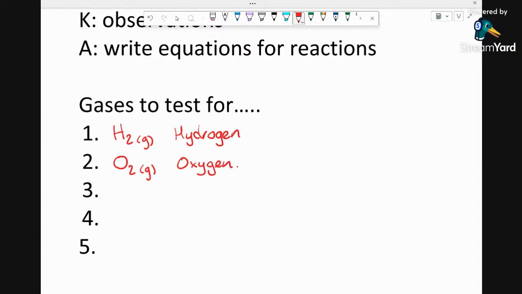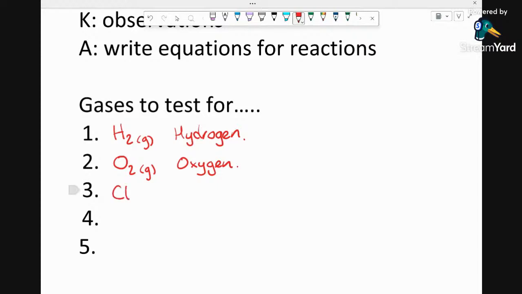Just make sure when you're reading the question that you read the full question. If they say give the formula and state symbol of the gas, please give the formula, don't give the name. But actually, I tend to find that students are caught out in the other direction: if it says give the name of the gas, please write the name and not the formula.